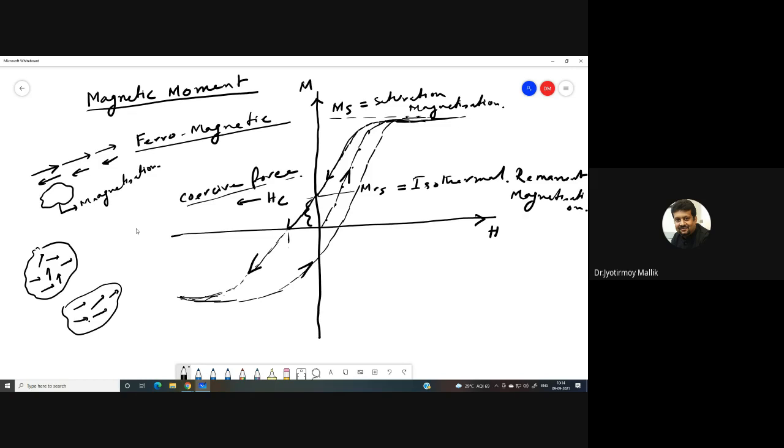This is what we typically see in a hysteresis loop experiment.